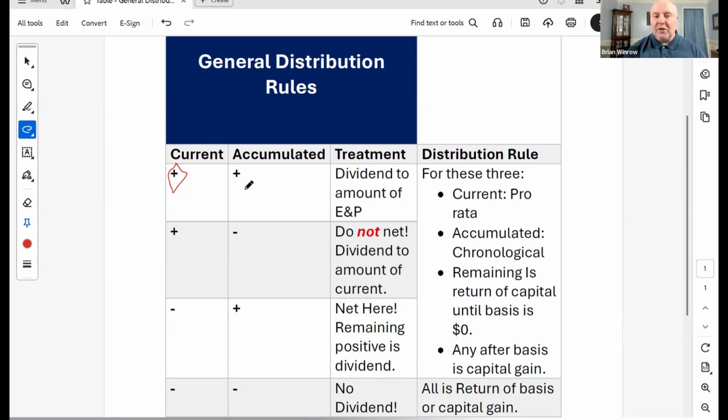If we made a distribution of only $100,000, well, that's less than our dividend paying capacity of $150,000. So it's going to be a dividend for the entire $100,000 distribution, right? And because we've only used $100,000, at the end of the year we'll have $50,000 remaining in accumulated, because this was 150. All right, let's look at the next one.